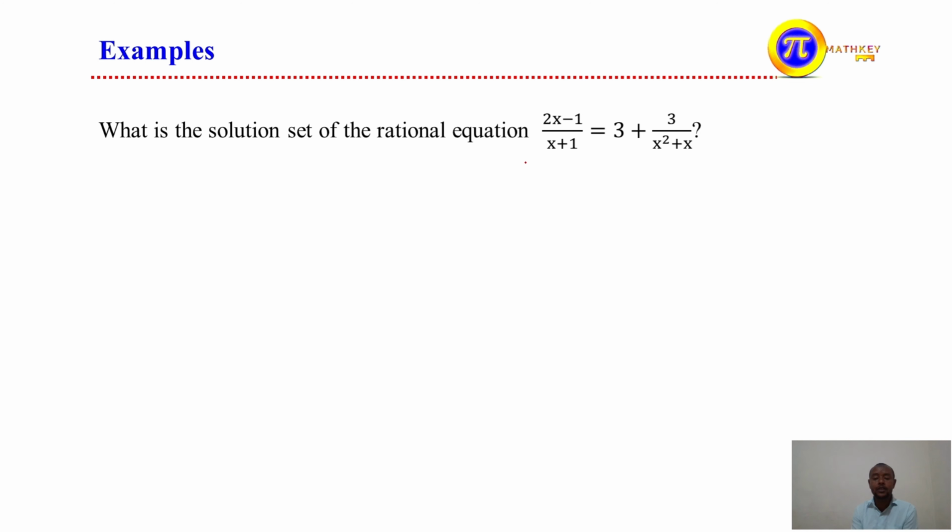Or you can solve this by taking the LCM directly. The LCM for x plus 1 and x squared plus x is x squared plus x. So multiply both sides by their LCM, x squared plus x, into 2x minus 1 over x plus 1 is equal to 3 plus 3 over x squared plus x.